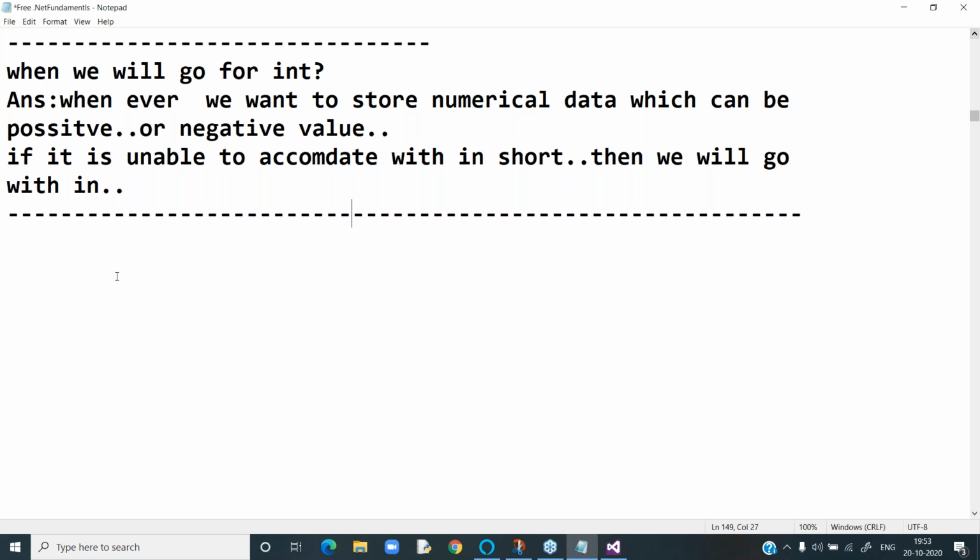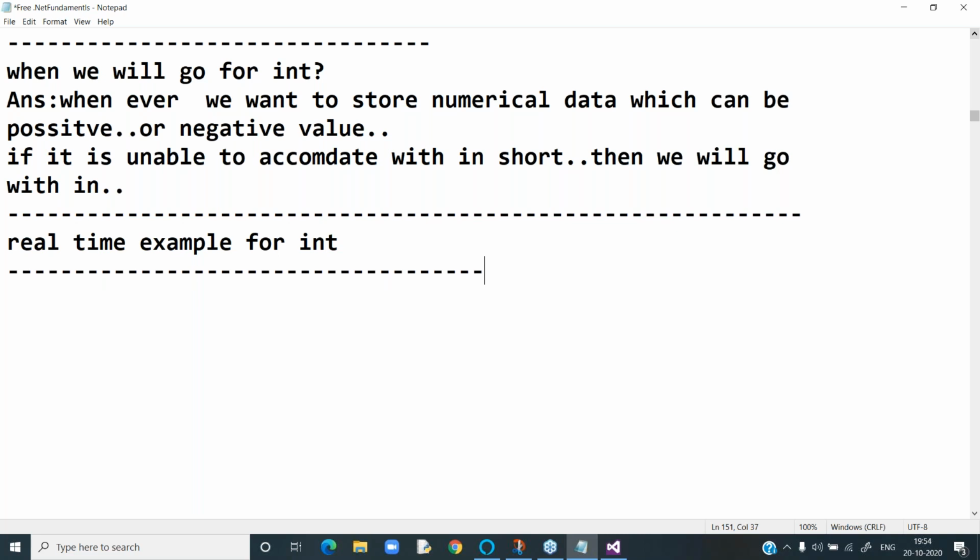Okay now, real-time examples for int. Come on, real-time examples for int. Data types is a pure theory concept; the next level is complete programming.